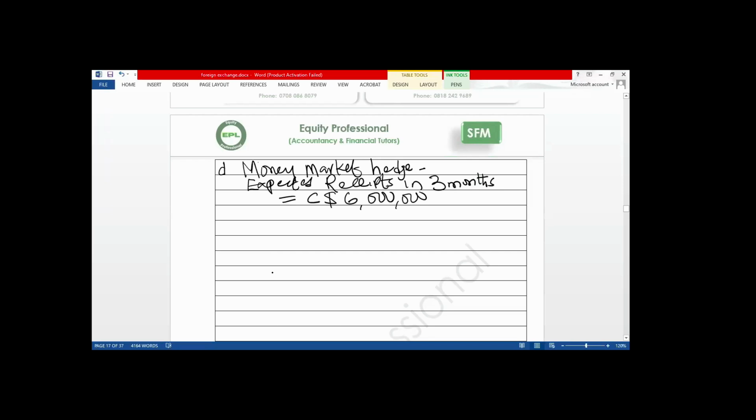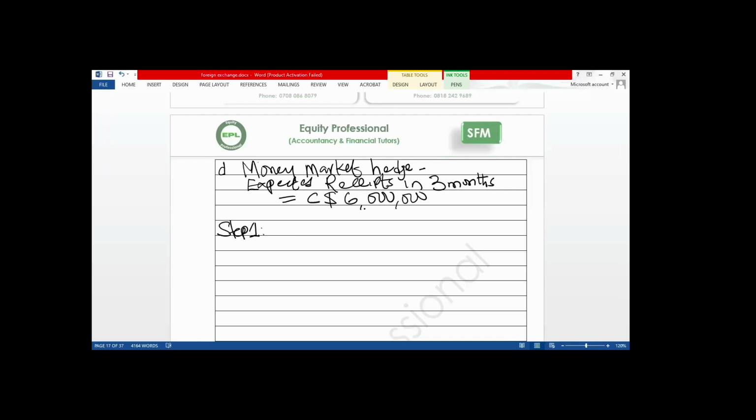Our company is based in Nigeria, and we are expecting an inflow in foreign currency in 3 months' time. We now go to step 1. This transaction represents foreign assets to my company in Nigeria. I'm expecting $6 million in 3 months' time. To me, that is a foreign asset.